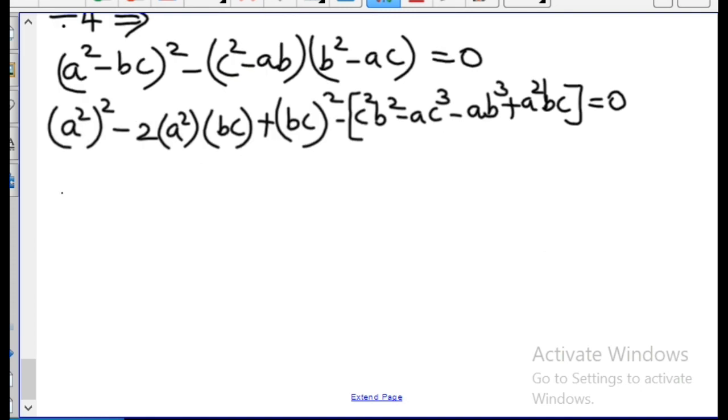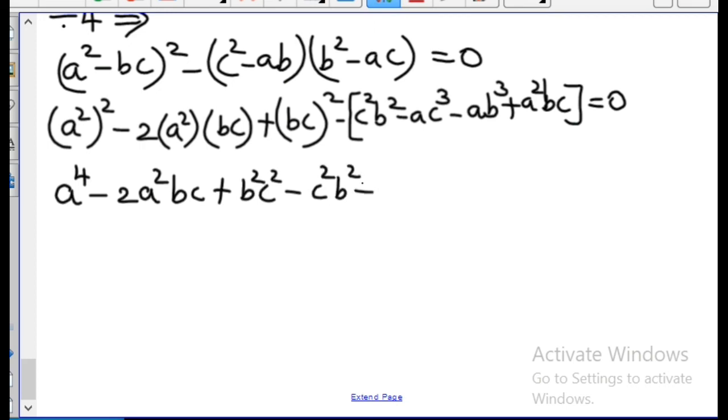That is a power 4, a power 4 minus 2a squared bc plus b squared c squared. Bring the minus sign inside the bracket: minus c squared b squared, minus into minus plus ac cube, minus into minus plus ab cube, minus a squared bc equal to 0.